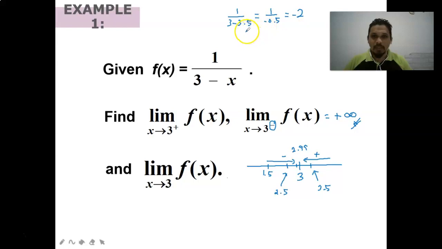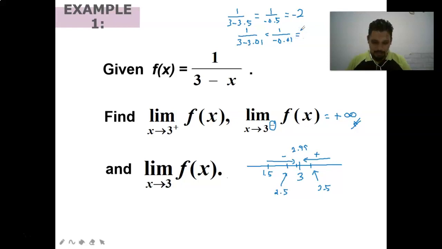Let's try with another one. 1 divided by 3 minus, getting closer: 3.4, 3.3, 3.2, 3.1, 3.01, 3.001. Let's say 3.01. 1 divided by 3 minus 3.01, it is negative 0.01.